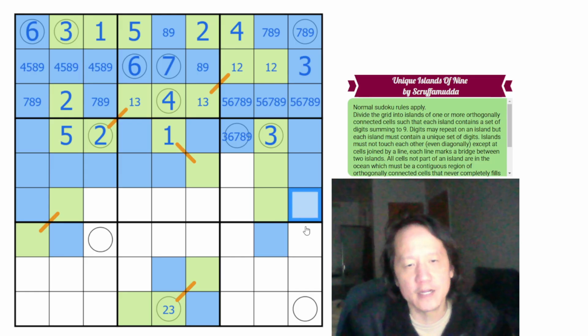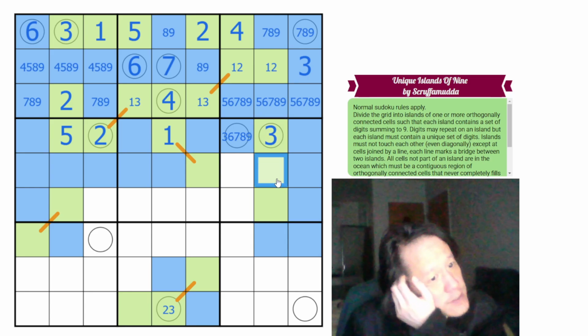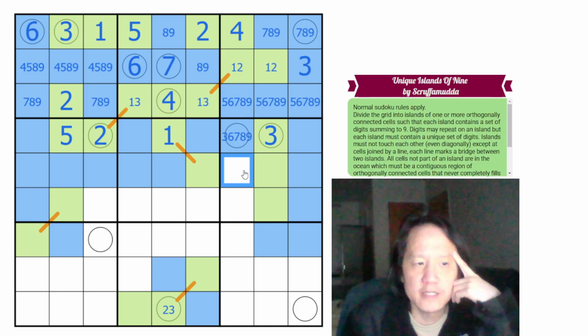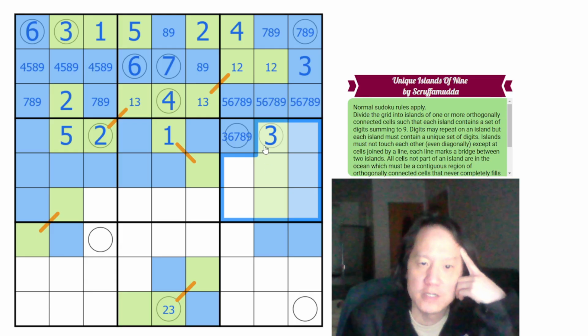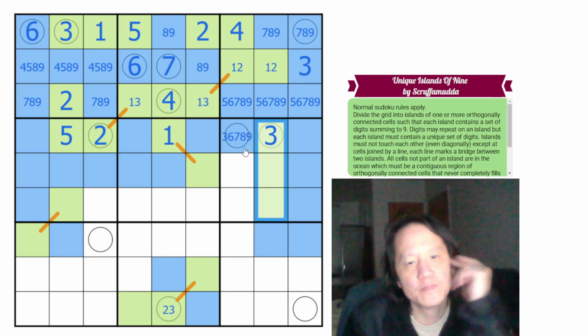This cannot connect because it doesn't have an island bridge. So therefore, this is an ocean cell. This could be 1, 4, or 2. Well, okay. It cannot extend any further. If it extended any further, it can only extend to another cell in the box, which makes 4 unique digits in the box, which is not allowed because that adds up to 10.